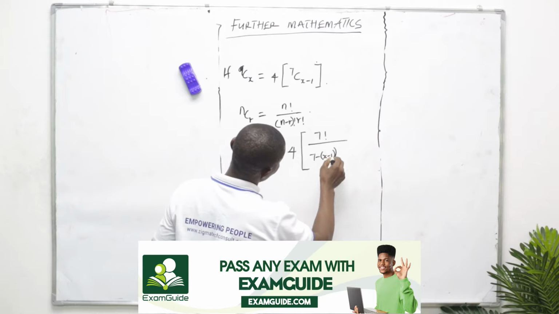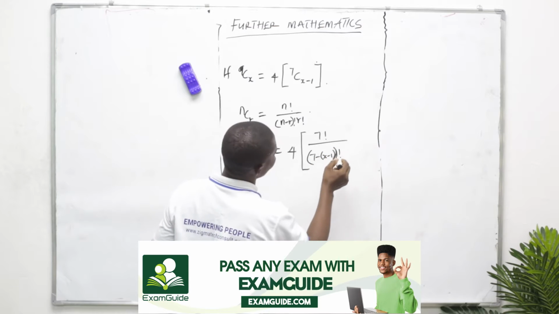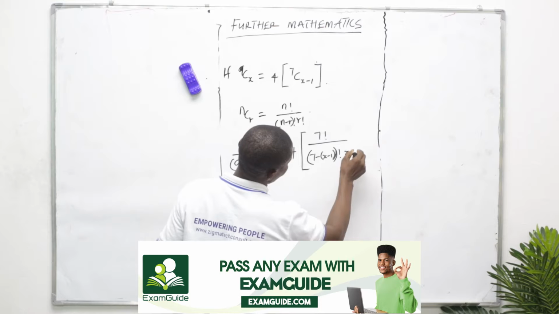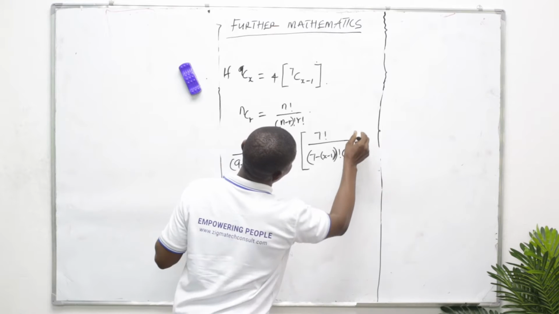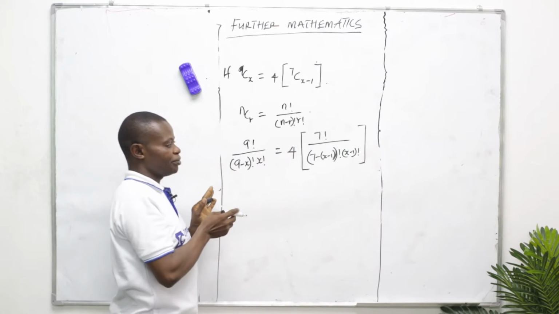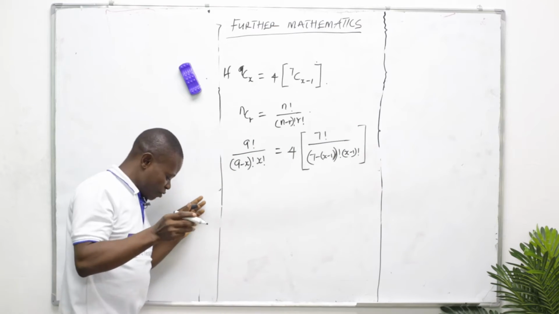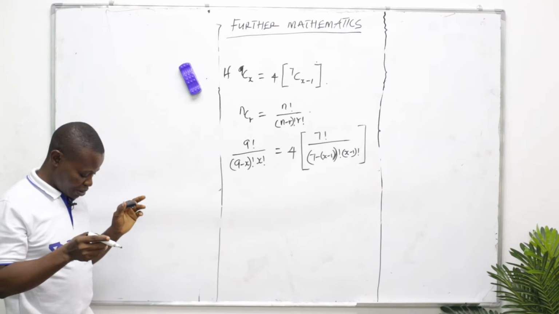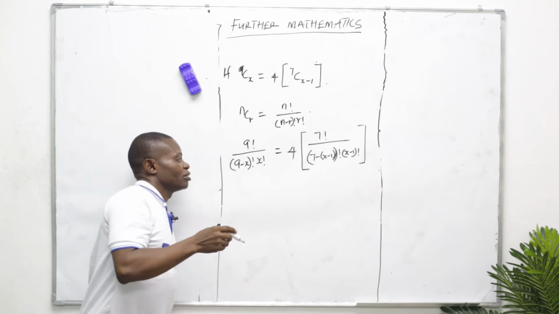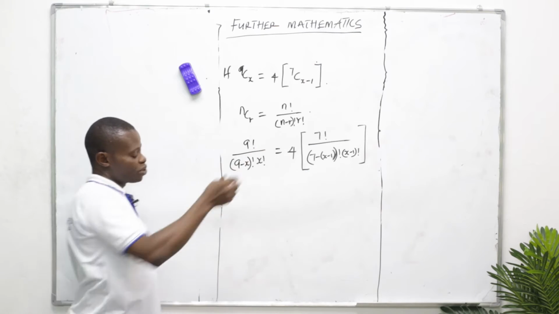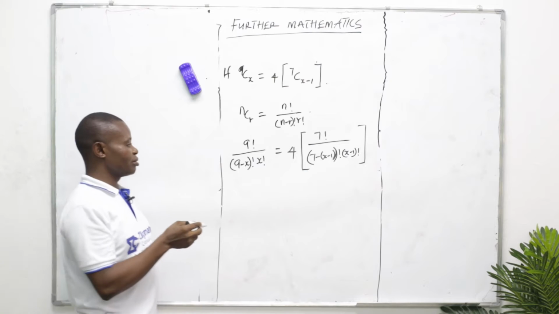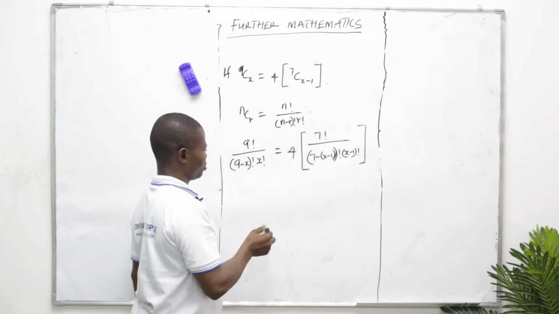I will show you the reason why I decided to open a new bracket entirely. Okay, this is what we have. Those of you complaining about F maths, it is when you don't know the rule guiding what you are doing that you find it difficult.